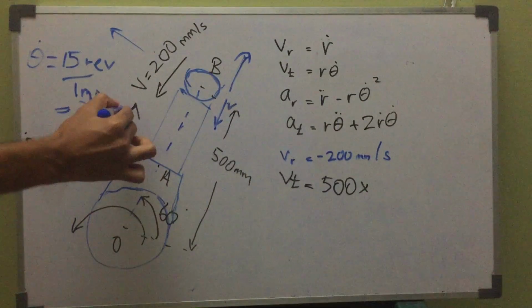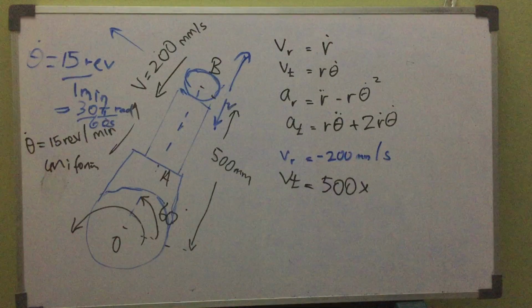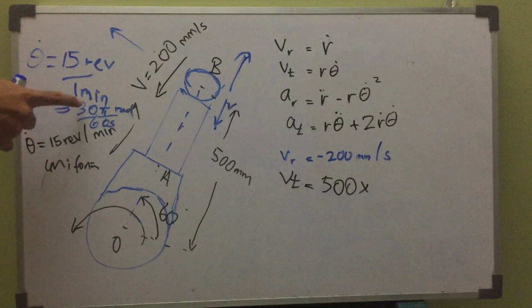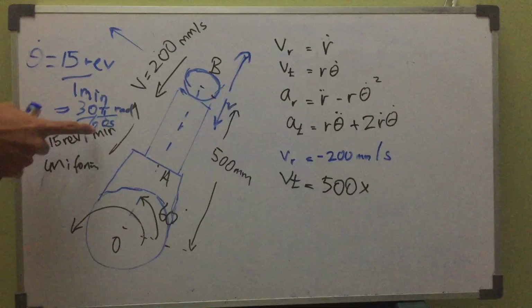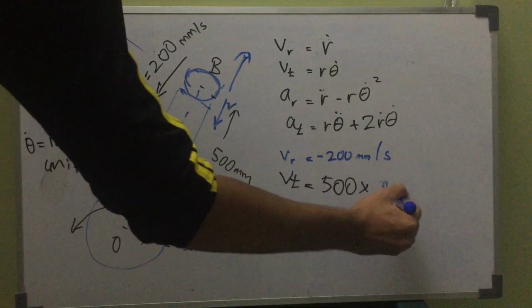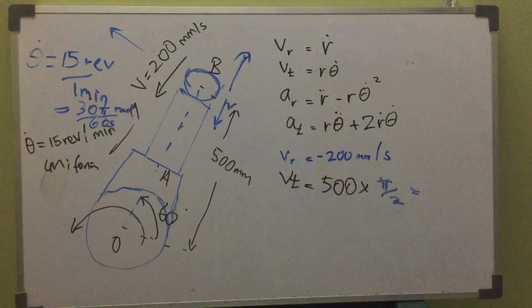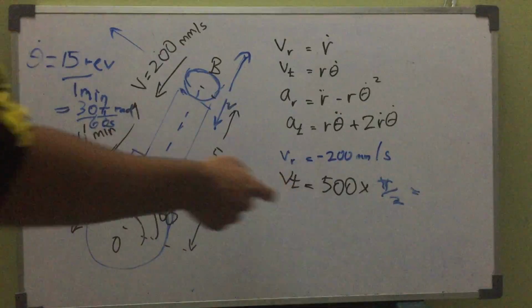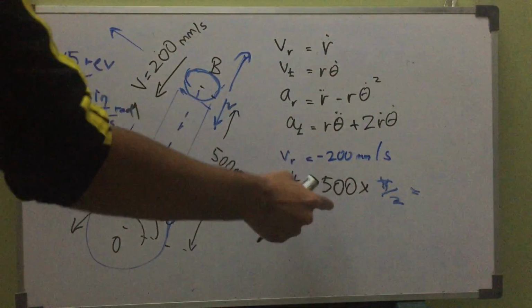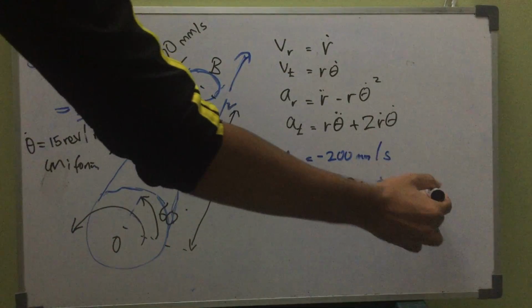So this is radians and this is 60 seconds. If you simplify this, you will get pi by 2 radians per second. So I'm going to substitute this pi by 2 radians per second. However, we have already noted this is in millimeters. It's not a big deal. So we can directly tell 500 into pi by 2 will be 250 pi.